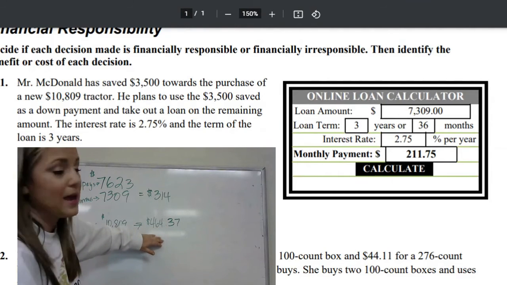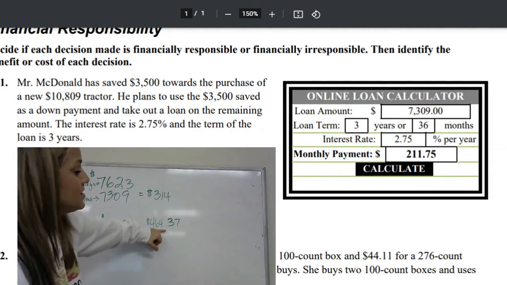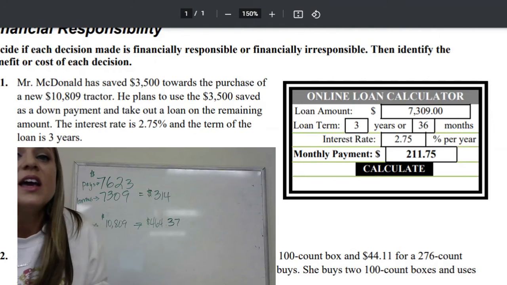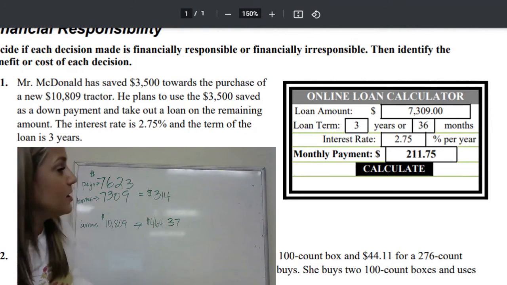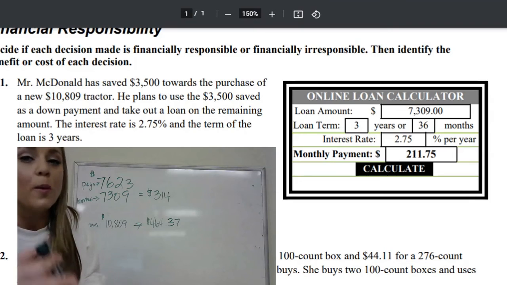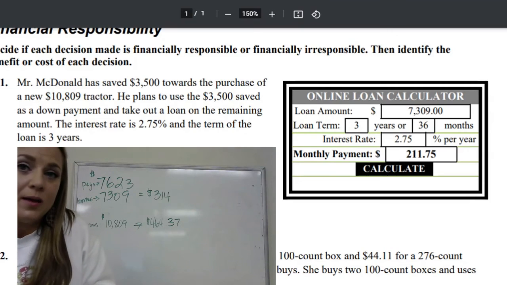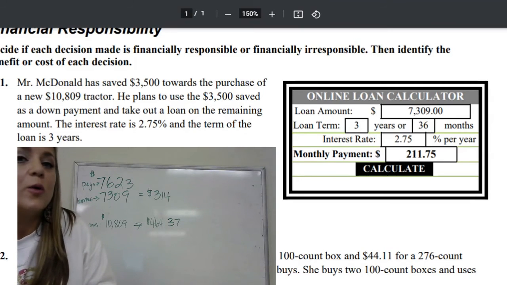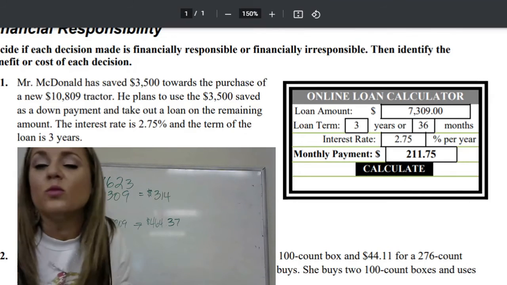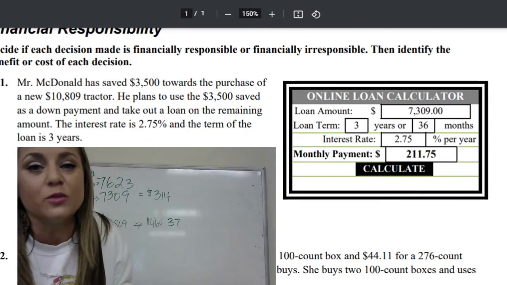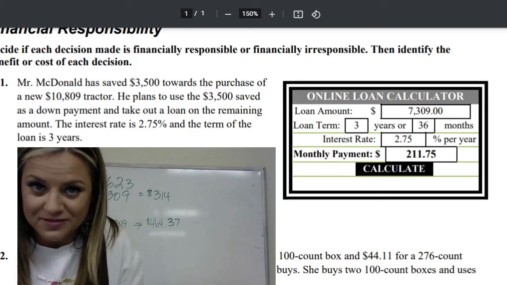Here, he's going to be paying back $464.37. He did make a financially responsible decision because he's paying less to borrow money with putting the down payment down, okay? So I feel like, and I'm sure everybody in America or their right mind would feel like, yes, that was a financially responsible decision, okay?